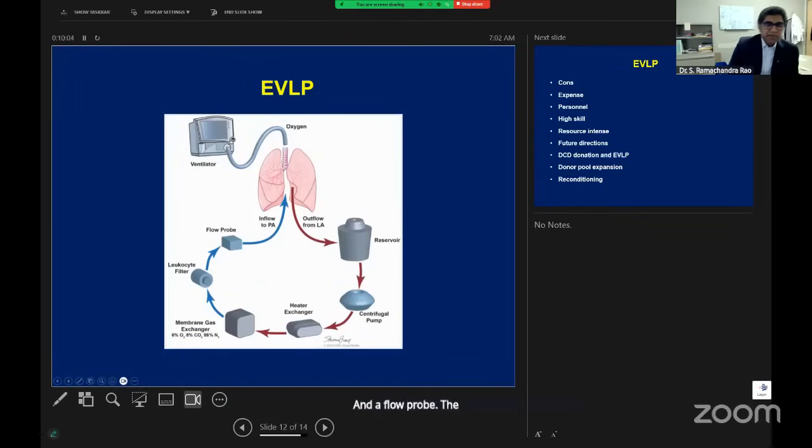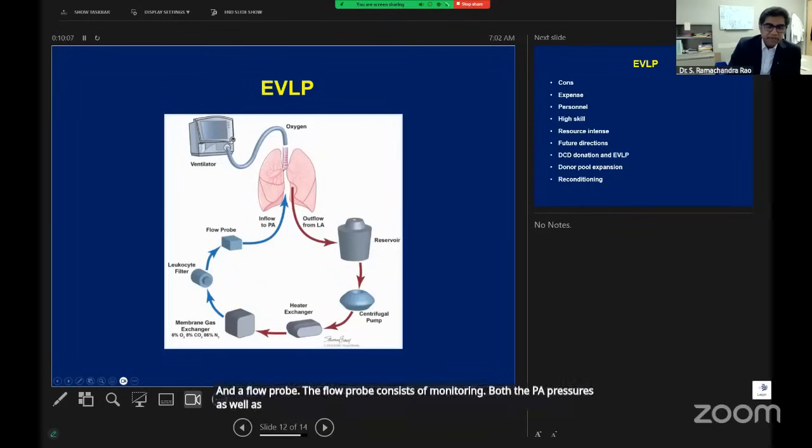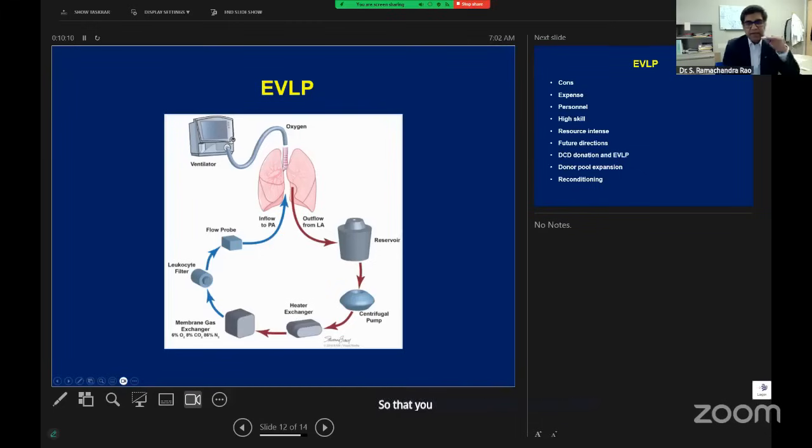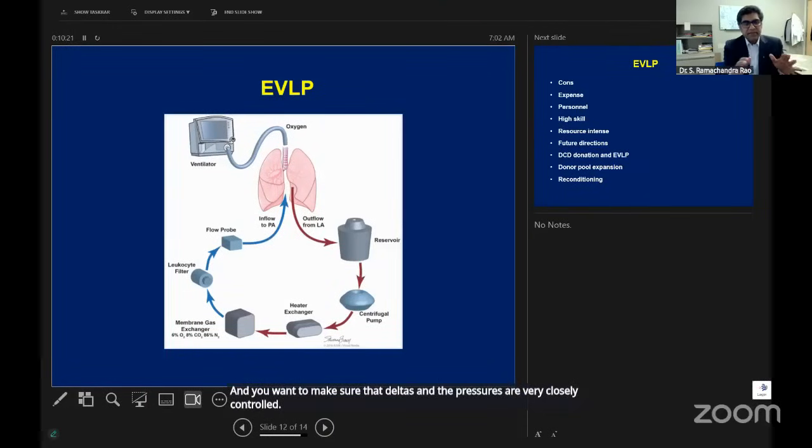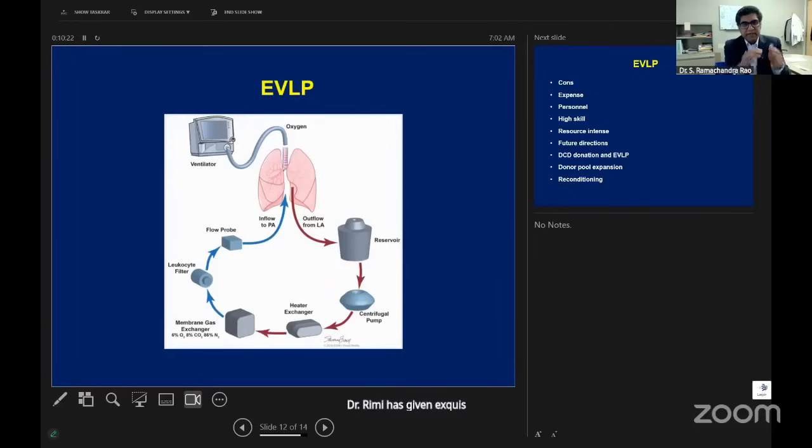The flow probe consists of monitoring both the PA pressures as well as left atrial pressures, so that you have a perfusing head and a receiving trough. And you want to make sure the deltas and the pressures are very closely controlled. Dr. Varghese has given exquisitely the details of the plateau pressures that are targeted, and also the perfusion and what percentage of cardiac output.